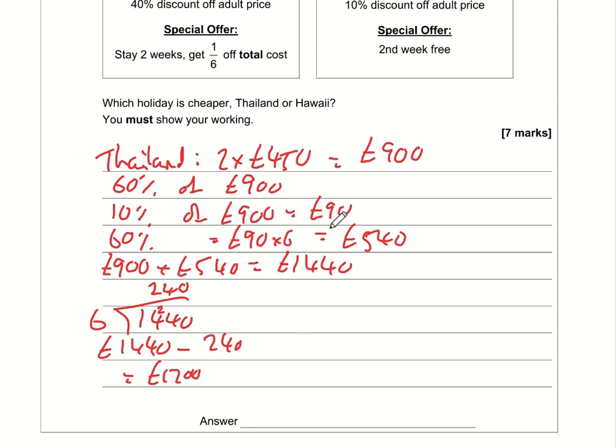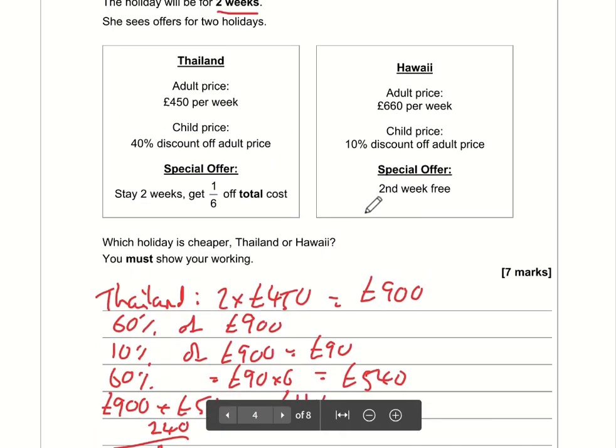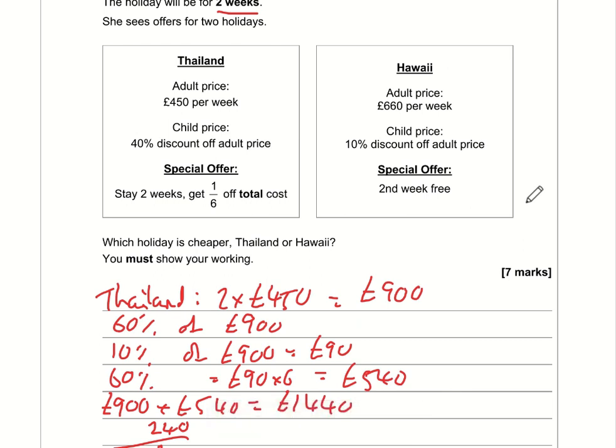Not a lot of space to get all the workings done here. Let's hope Hawaii is a little bit more straightforward. Let's put a little line down here. So this is Hawaii. Okay, so it's 10% off. So 10% is £66. So for a child, it's going to be 660. Take away the 66, and that is £594.